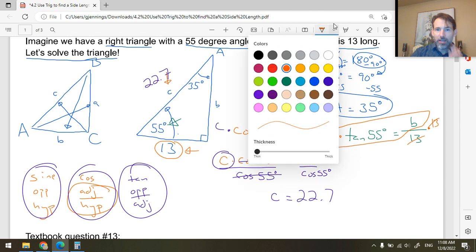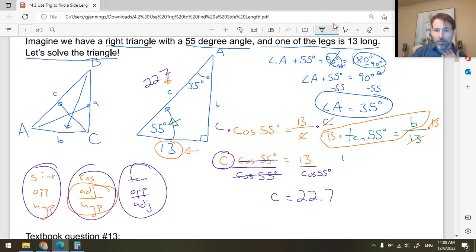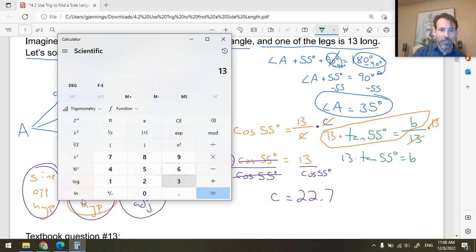So then we have the next line, which is going to be 13 times tan 55 degrees equals b, and then we punch that in and solve it. 13 times tangent, oops, sorry, clear my calculator. 13 times 55, but I take the tangent of it.